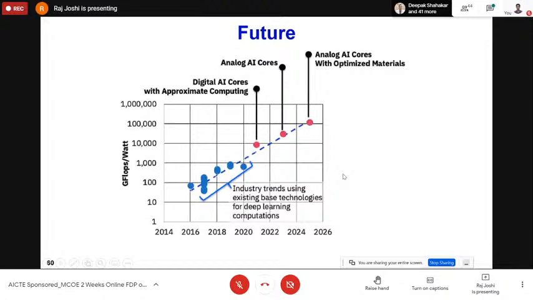So what is the future here, right? If I have to say something about it, always remember this number, gigaflops per watt. This is very critical. If you look at the number of years on the x-axis, you'll see that industry has been working here on existing technology for deep learning computation. And that is what?